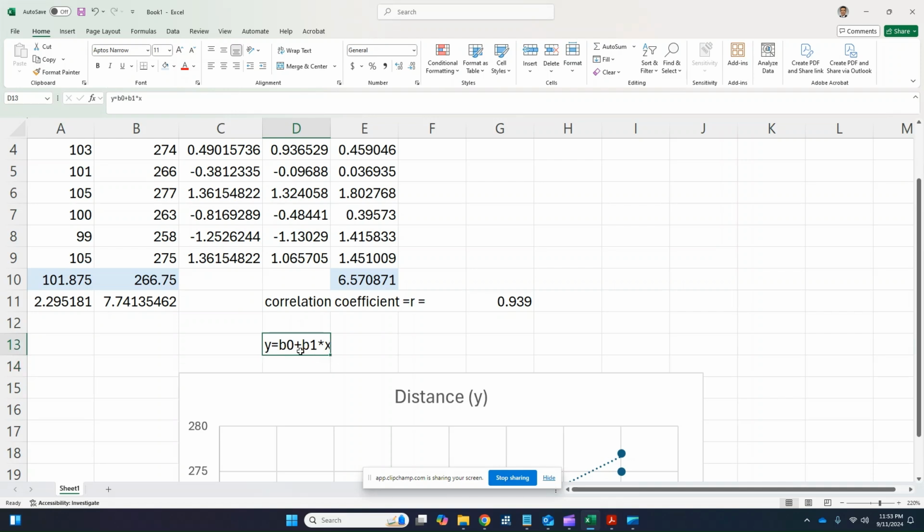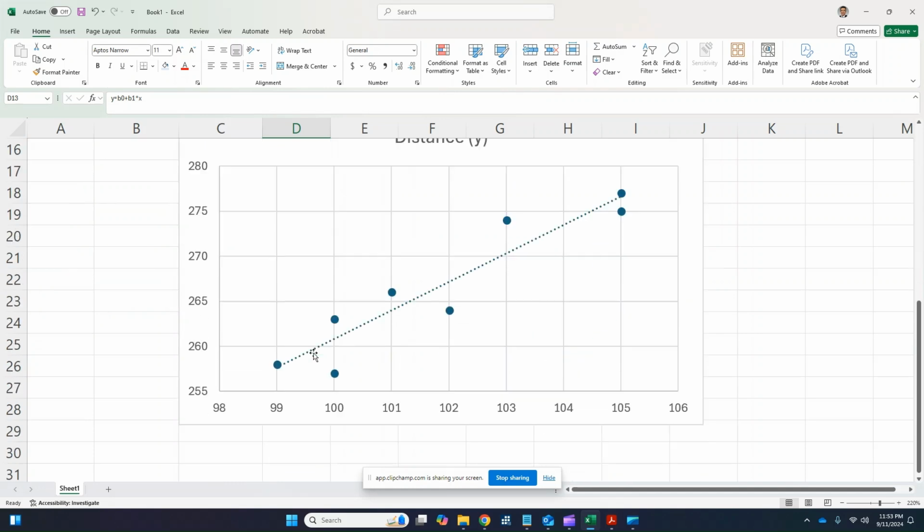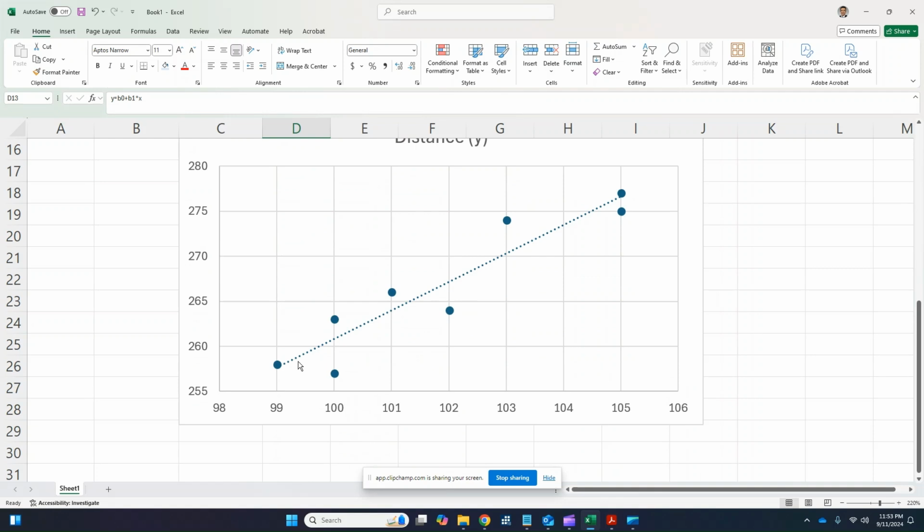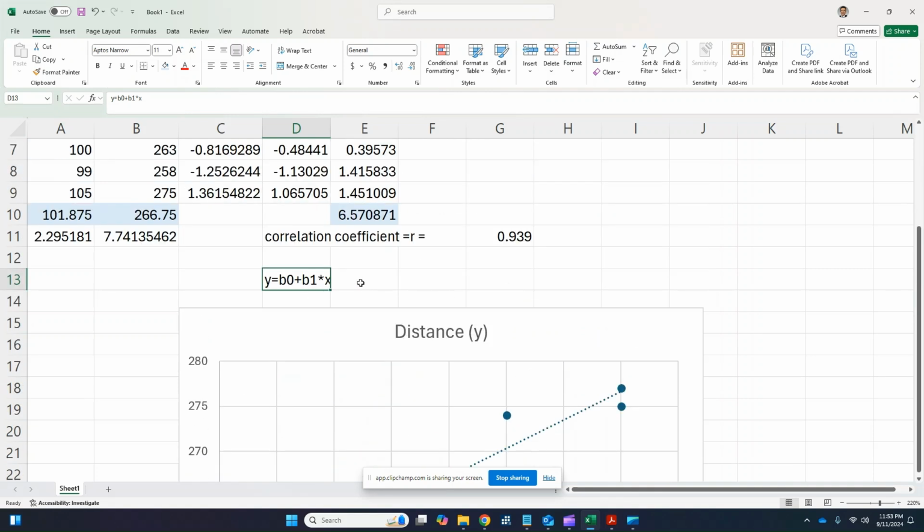These are estimates for the true values of beta 0 and beta 1. You can look it up on your lecture notes. But the bottom line is that we are trying to find the slope of this line, which is b1, and we're also trying to find the intercept of this line, which is b0.